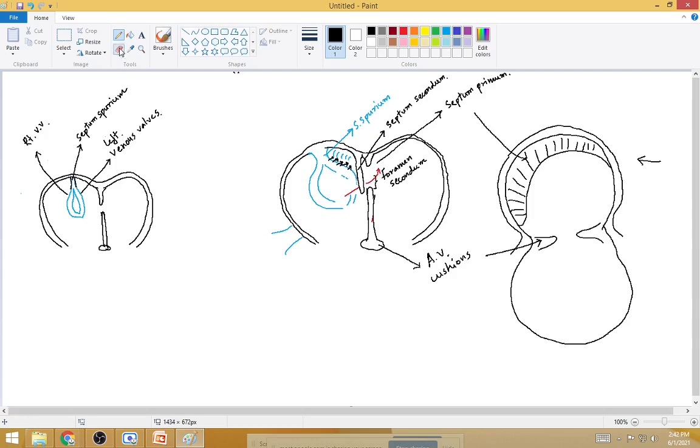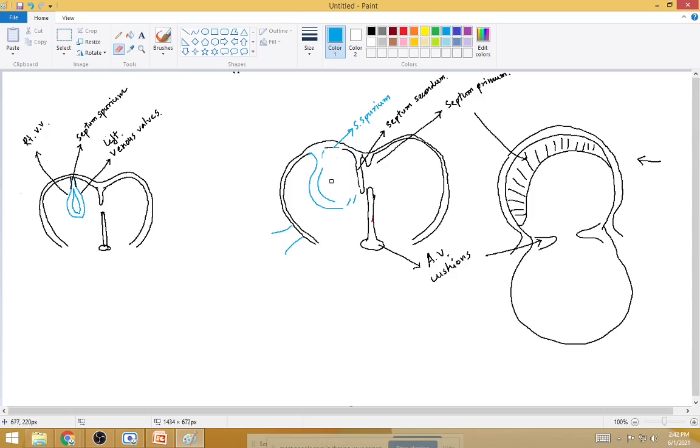Okay, now what happens we will see. Now this part, the left side, the septum spurium as well as the left venous valve, if you remember, they get fused with the septum secundum.